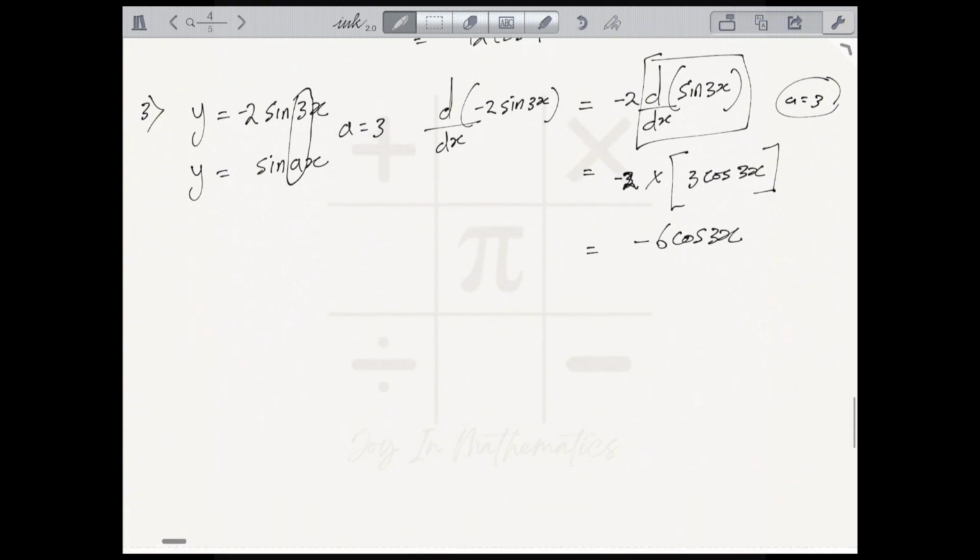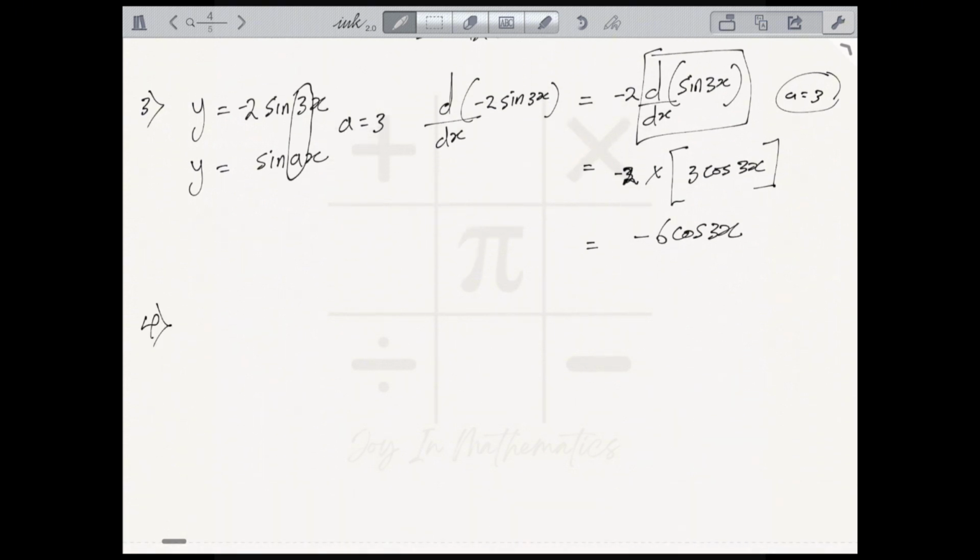And let's take a final example, y = minus 4 sin x. If you compare it to y = sin ax, our a is assumed to be 1, that is, a is equal to 1.